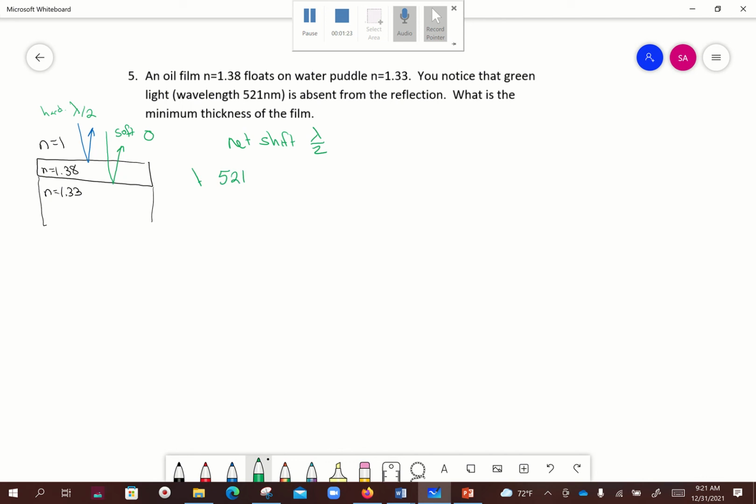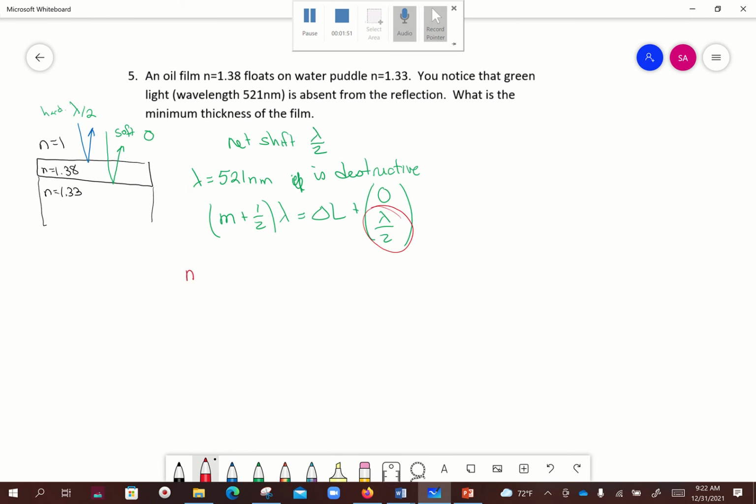All right, and we're told that we don't see 521. So if I have my wavelength of 521 nanometers, that's destructive. So my equation for destructive is that (m plus 1/2) lambda is equal to delta L plus either the 0 or lambda over 2 due to reflection. And we know that we have a net shift of lambda over 2 from reflection.